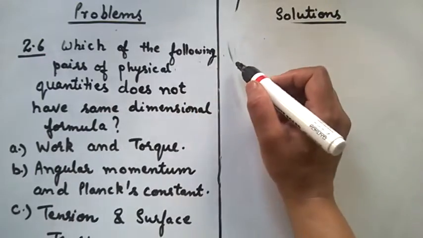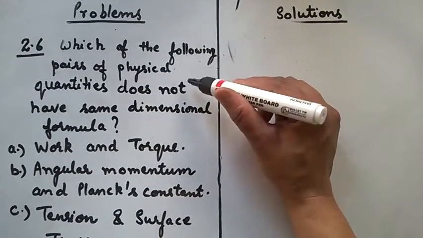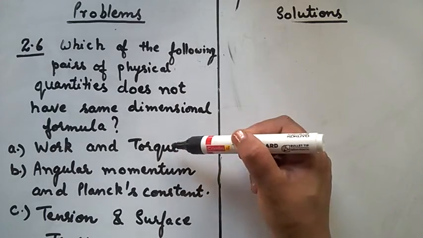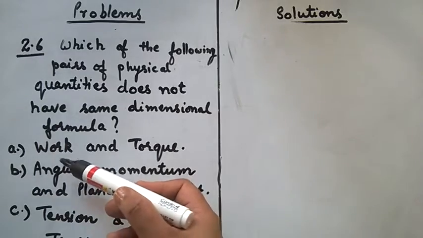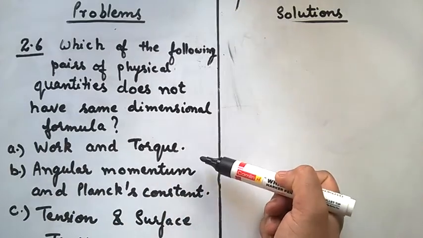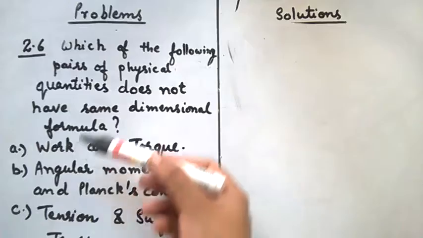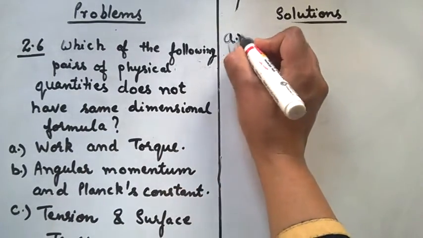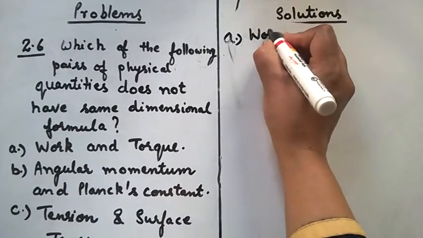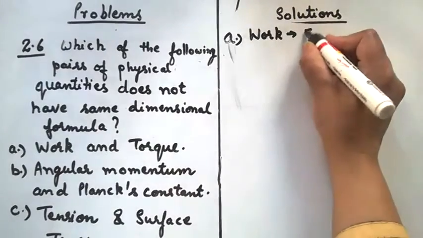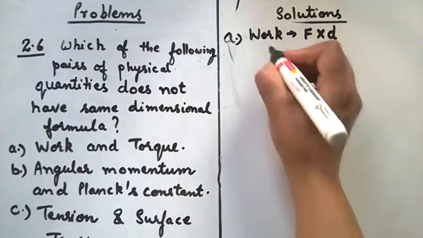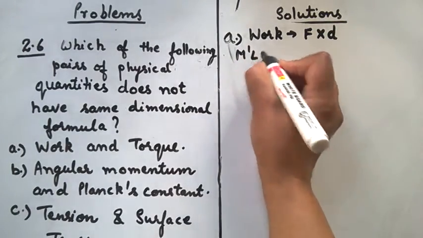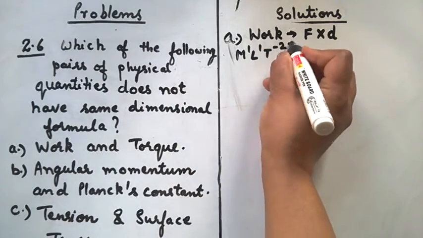Problem number 2.6. In this question we have to find which of the following pairs of physical quantities does not have the same dimensional formulae. That is, we have to find whether work and torque have the same dimensions or not. Similarly, the following pairs are given. So let's find. First is work. Work is given as force into displacement, and force is given by M1 L1 T minus 2.